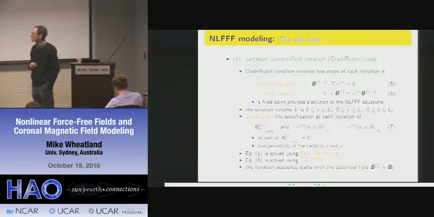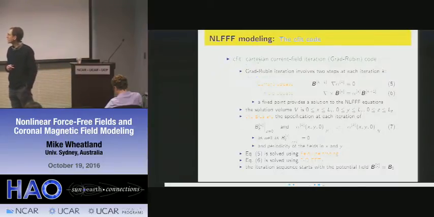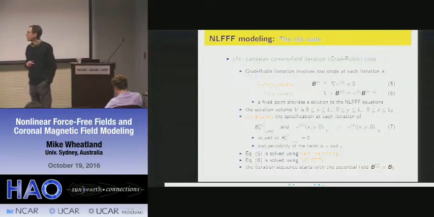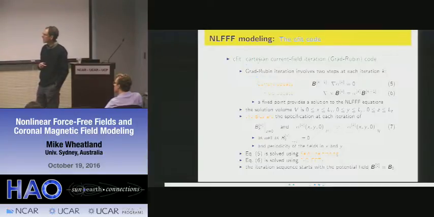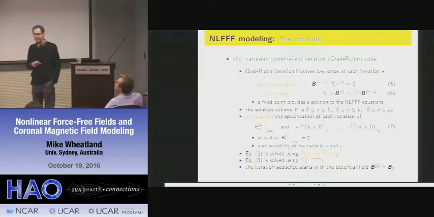It's an approach to solve the nonlinear force-free equations that uses a method due to Grad and Rubin from a paper in 1958, where these two authors talked about the solution of the magnetohydrostatic problem more generally, which is a closely related problem. And they identified the boundary conditions for that problem which apply here. And for this simplification to the force-free problem, they are the ones that I just described.